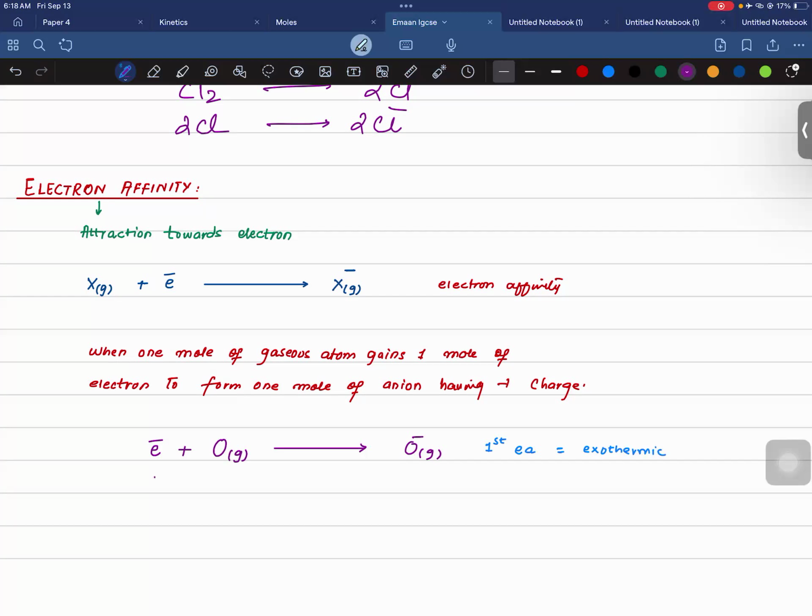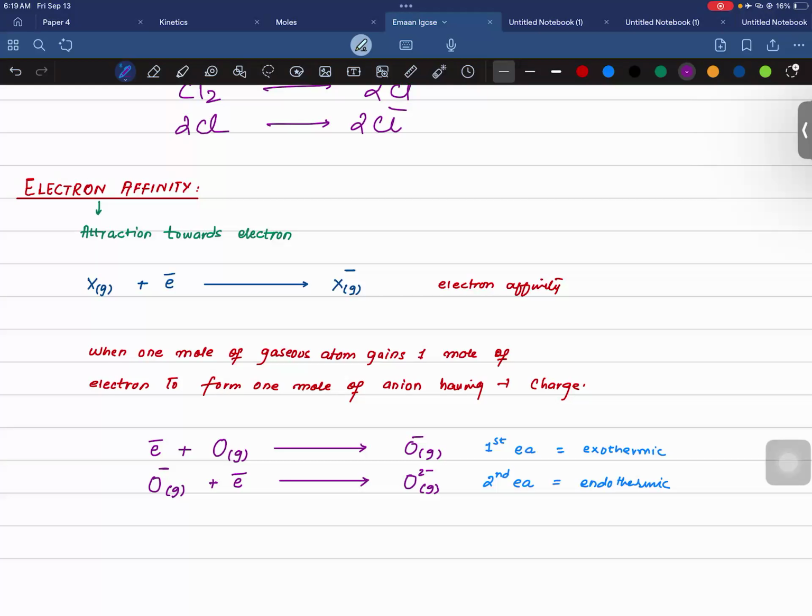You know, oxygen is going to have -2 charge. After gaining one more electron, it would be forming O2 minus. This is second electron affinity. That is endothermic.